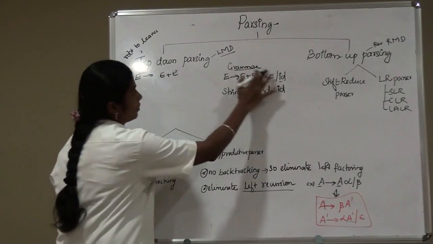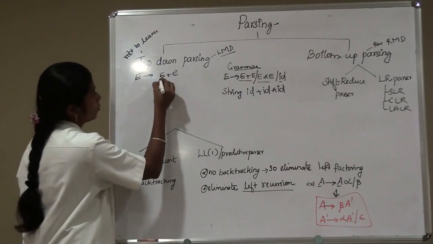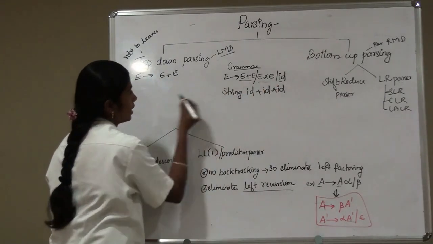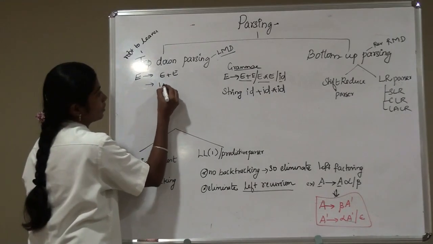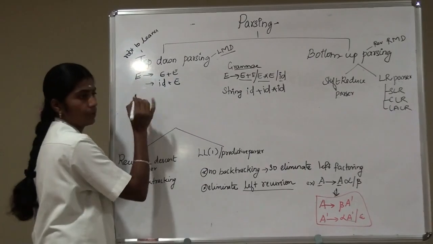Now for this grammar I am going to use leftmost derivation with the help of top down parsing. This E can be replaced by ID. Now this is a terminal, you can't replace it.